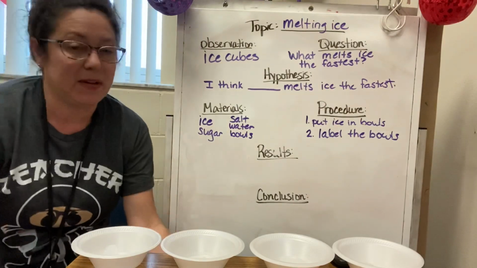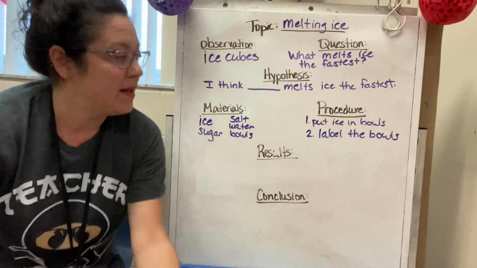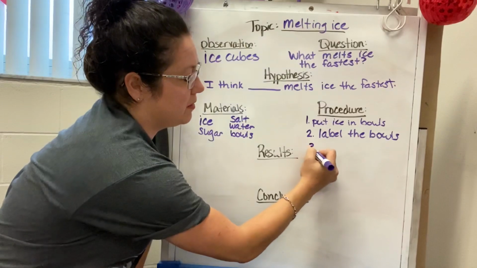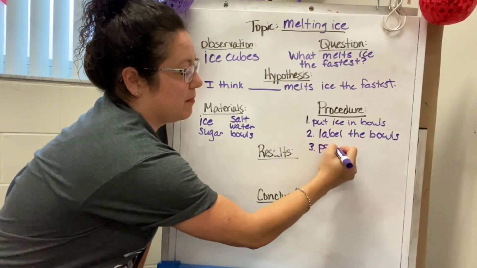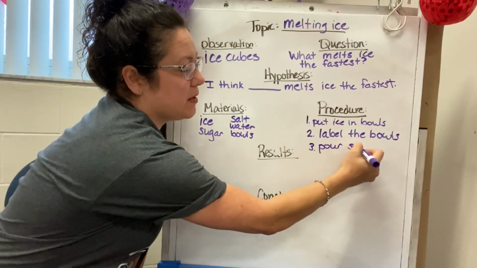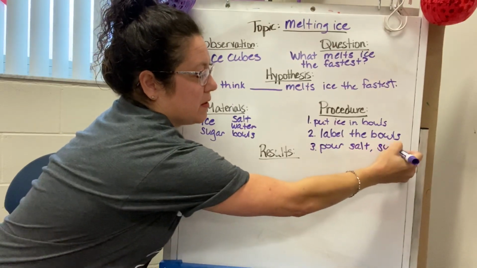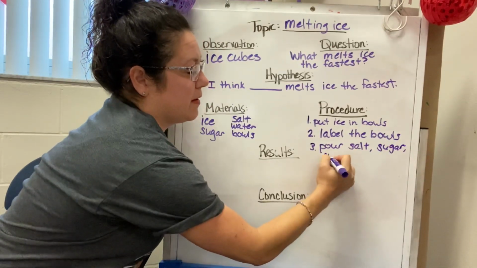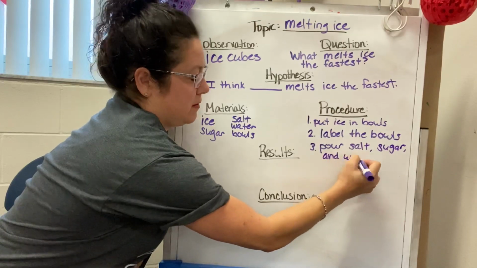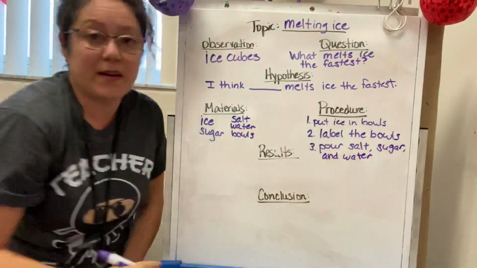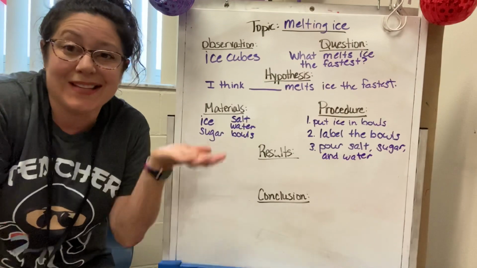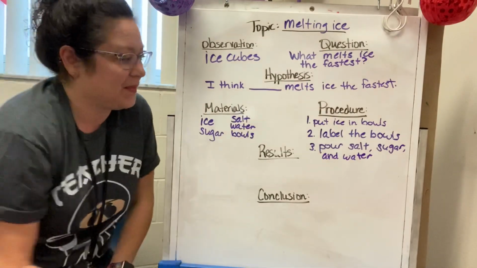So after I label it, then I'm going to pour salt, sugar, and water on the 3 bowls. And the one that's nothing gets nothing, right?